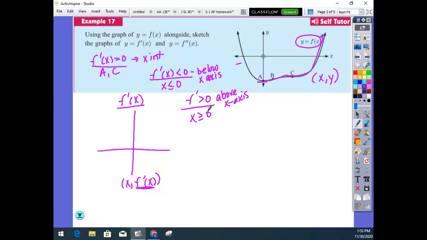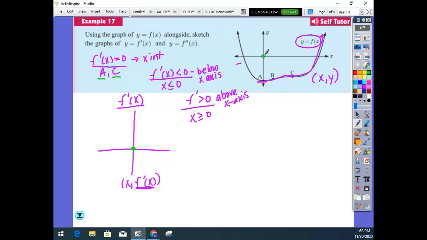All right, so let's put on our 0 slopes, which occur at A and C. Typically what they're going to do is have you draw it on top of this graph, but it gets a little confusing to do both, so I'm doing two separate graphs.